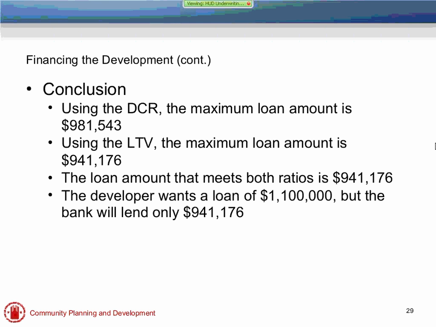Sorry for fumbling back here. So let me show us back at the developer pro forma here. Slide 14.